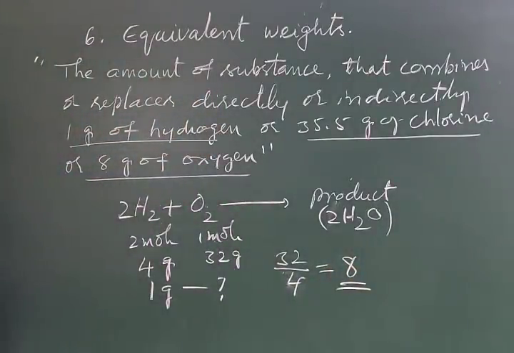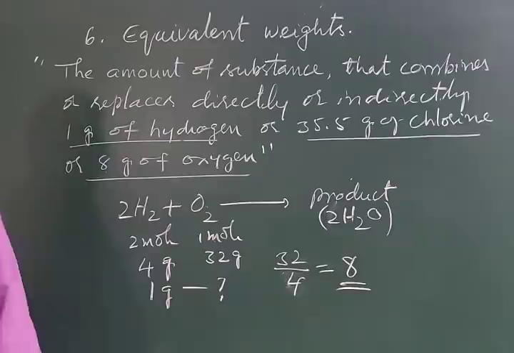So 8 grams of oxygen can combine with 1 gram of hydrogen. The equivalent weight of oxygen is 8 grams.